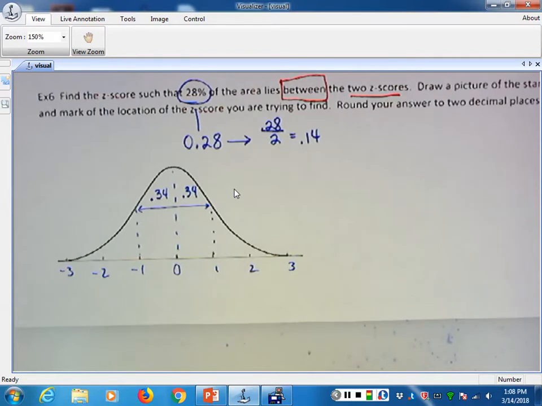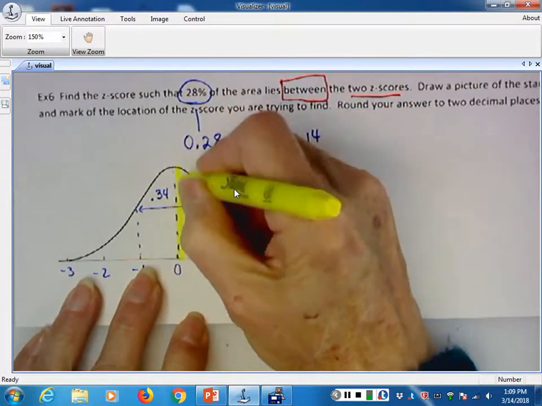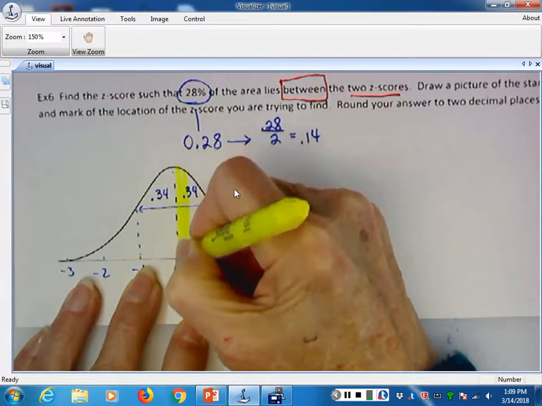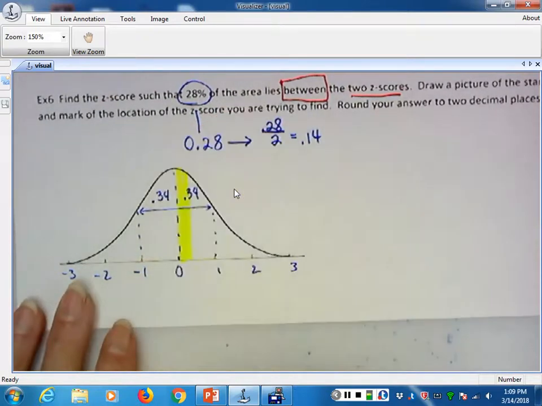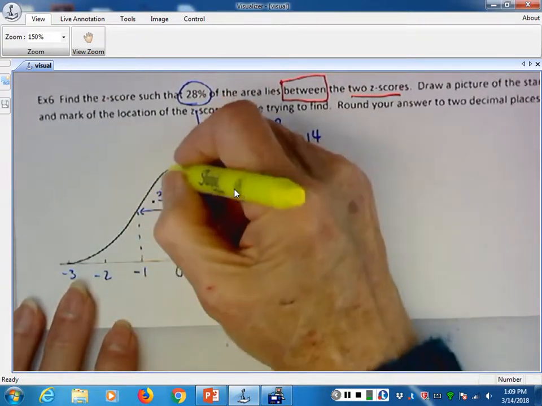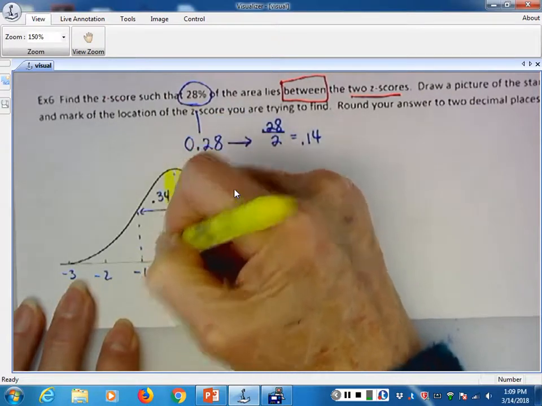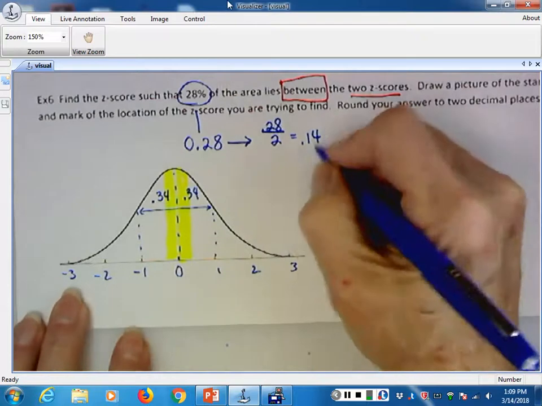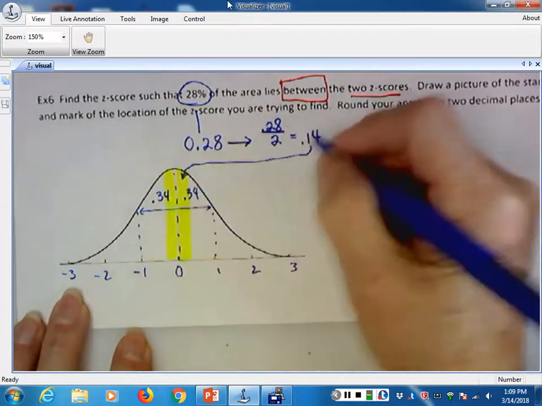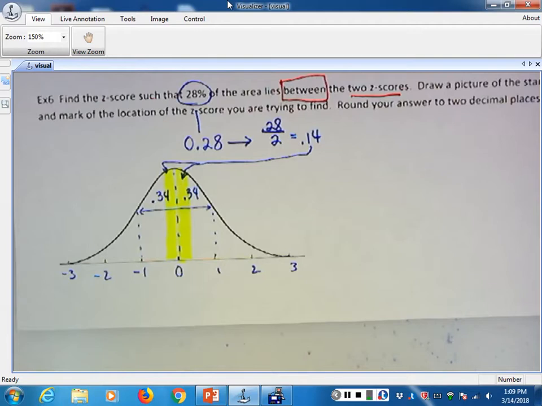That tells me when I center my 28%, 14% needs to go on this side, and 14% needs to go on the other side. So that's 14%, but that's also 14%.